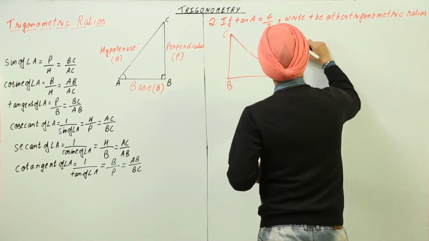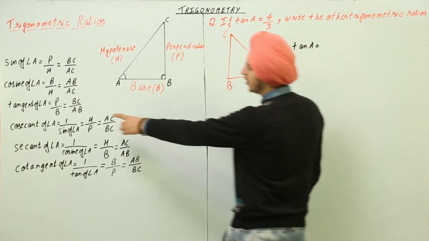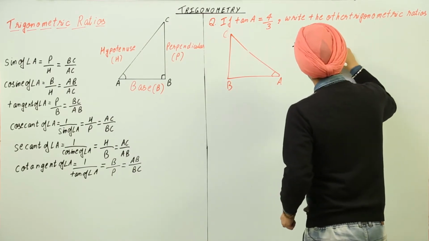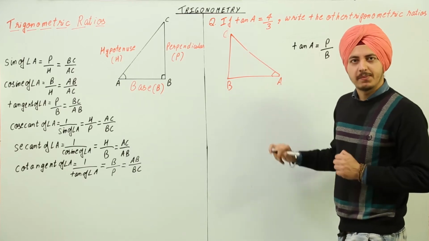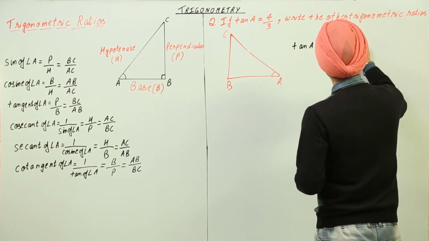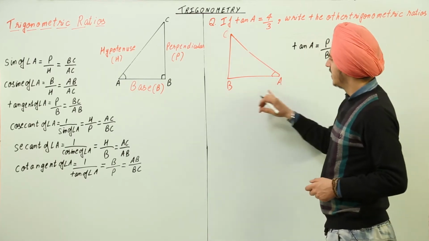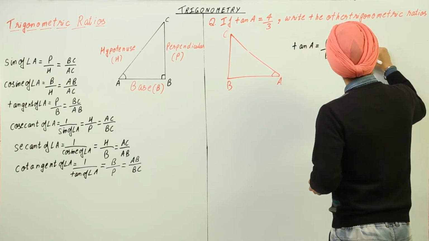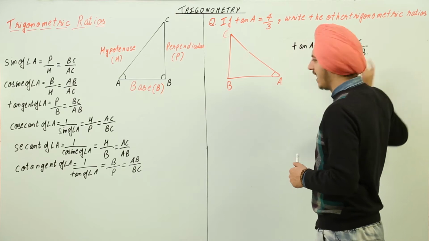What is tan of A? Tan of A is equal to perpendicular upon base. Am I right? Now in this triangle, what is the perpendicular? The perpendicular is BC, and what is the base? Base is AB, correct? So perpendicular upon base is BC by AB.